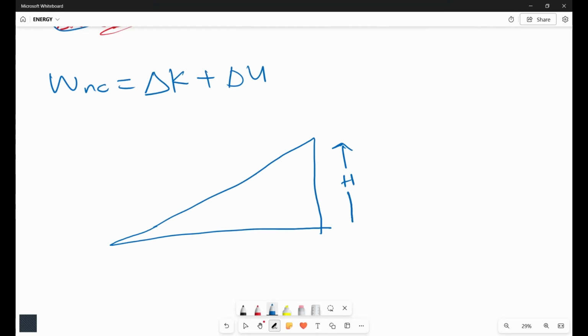My height, vertical height. Let's say my object moves from this point with an initial velocity of 2 meters per second, then reaches down with a velocity of, because some people are going to say you are dealing with two objects.